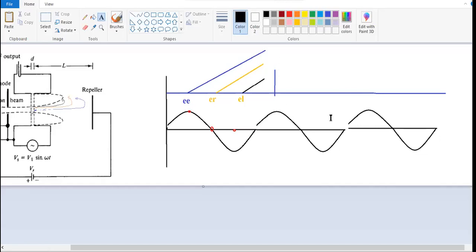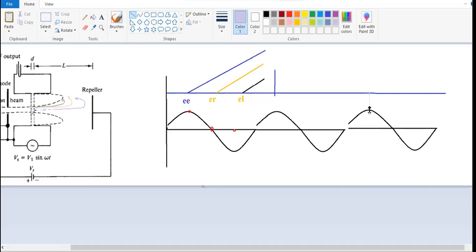Okay. So with the reference electron, at this position, they will all be together.